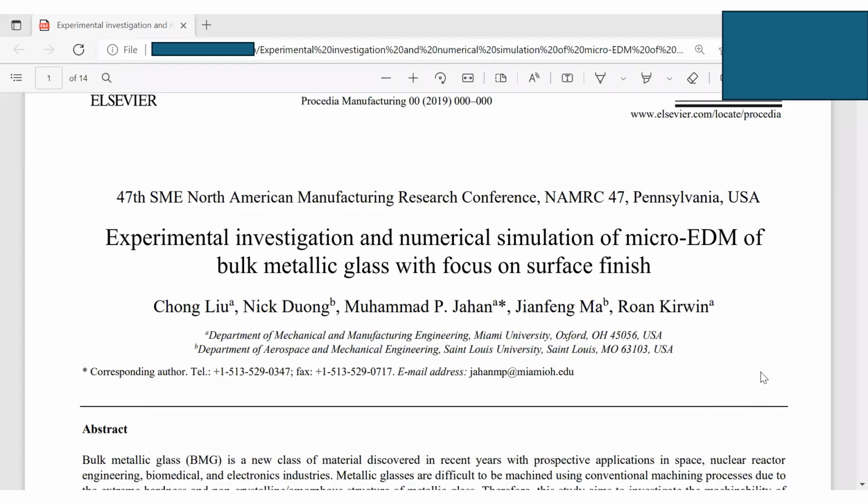Usually, to publish a high quality paper in a high quality journal, you now need to have both experimental results and numerical results. This is a trend. This is what the NSF, the National Science Foundation, wants us to do.